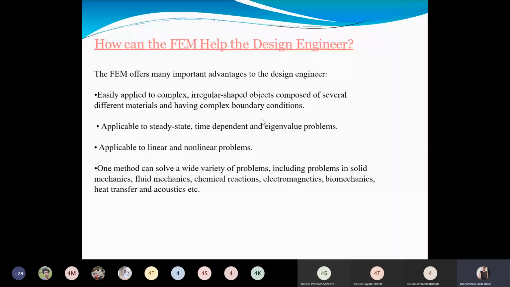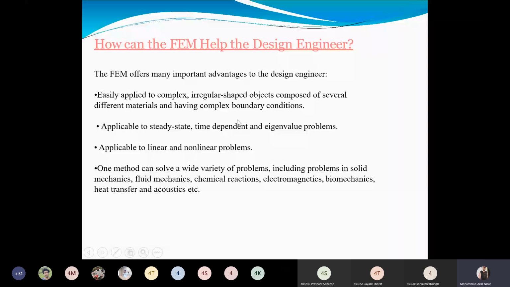It is applicable to steady state as well as time dependent problems. Time dependent means, suppose a certain cyclic load is acting on an element, then you can analyze that. Then linear and non-linear problems can also be solved by using the FE method.